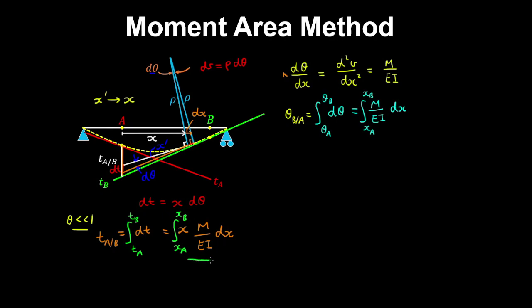Now we can simplify this integral using the definition of the centroid, which was the integral of x over an area over the integral over the area of a section. But here we're integrating over the area of a curvature diagram. So you can replace dA with M on EI dx, and also in the denominator.